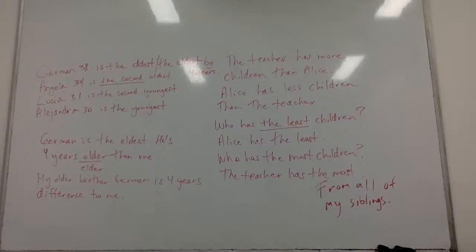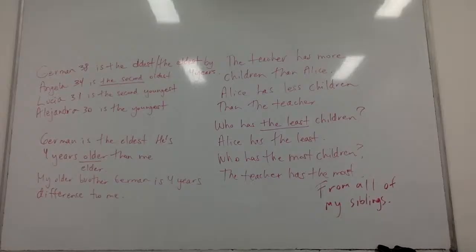Good. Alice, what did you put? I have 5 siblings. Okay. My older sister is 47 years old. Me is 45. No, you can't say that.